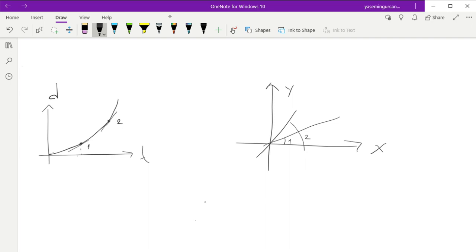But before I start doing that, I just want to show you how you compare the slopes of these two points I gave you. Number one and number two correspond to something like this, the line one and line two. If you look at these pictures, you can carry them over here to the XY coordinate system.